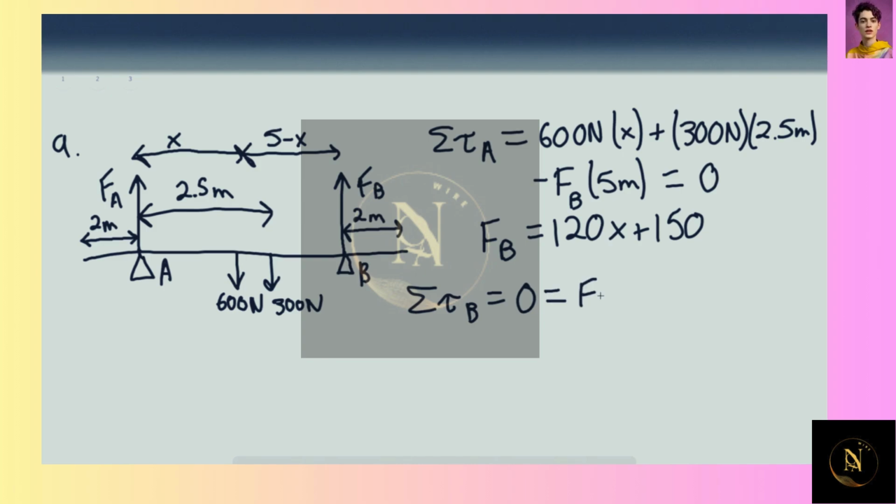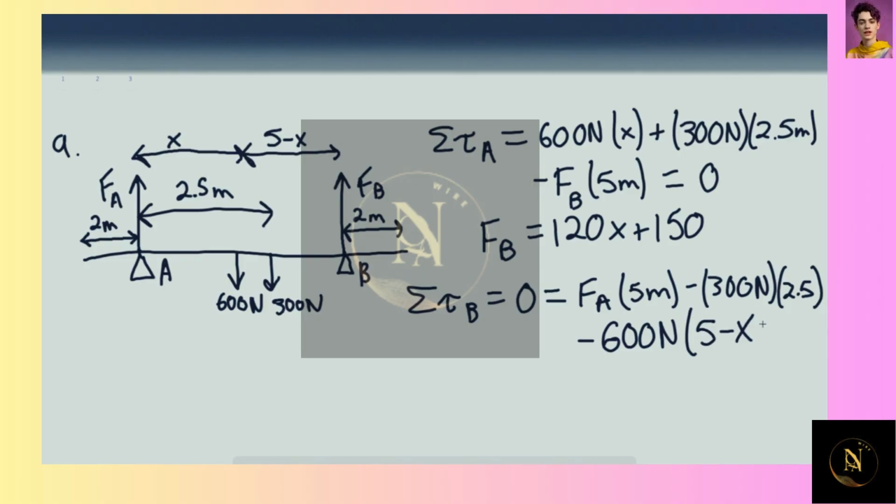And this would be equal to the force of A times 5 meters minus 300 newtons times 2.5, and then again minus 600 newtons times 5 minus x, which would be the distance from B. When we use this, we can say that the force of A equals 750 minus 120x.